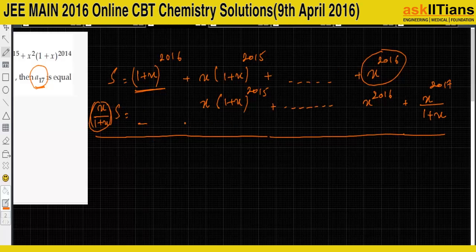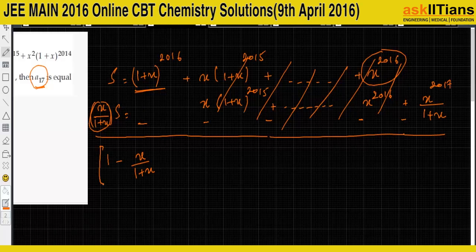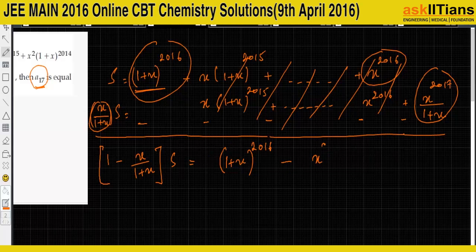So now I am subtracting these two series. All these terms which are present in between will get cancelled. So I'll get (1 - x/(1 + x)) times S as the LHS, and on the right hand side I'll get this first term, which will still remain, minus this term that remains, that is minus x^2017 divided by (1 + x).